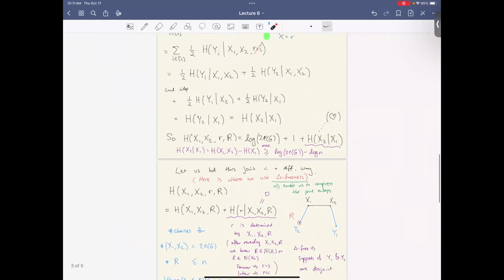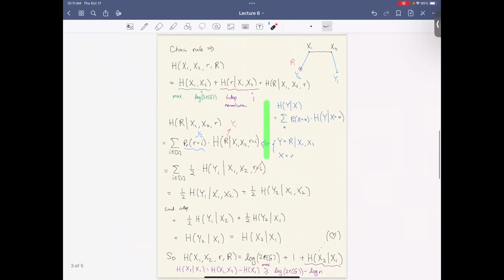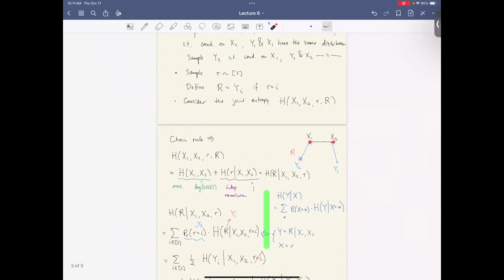In the first part, we're going to do exactly the same. We pick x1, x2, a random ordered pair of edges, and then do little r, a binary Bernoulli, and then do capital R, which is a random variable taking value one of these two, resampling the vertices y1, y2 depending on the value of R. Exactly the same.